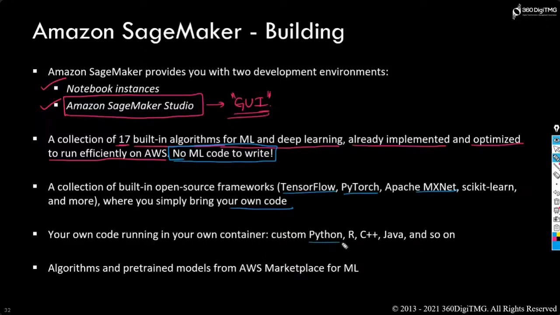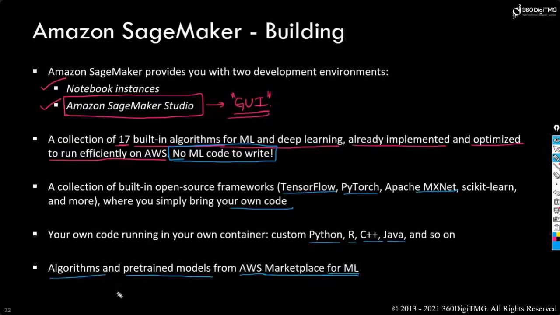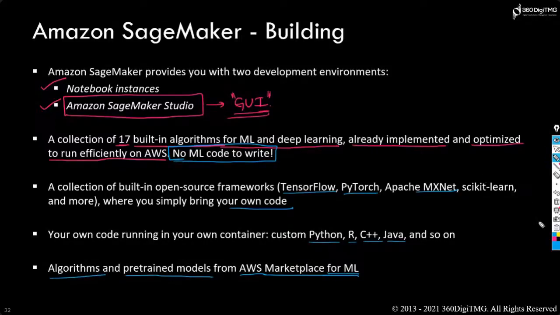You can use Python, R, C++, Java, or any programming language for that matter. And the even better part is, AWS has something called a marketplace for machine learning, where you'll find pre-trained models and algorithms which people have used to solve certain use cases.